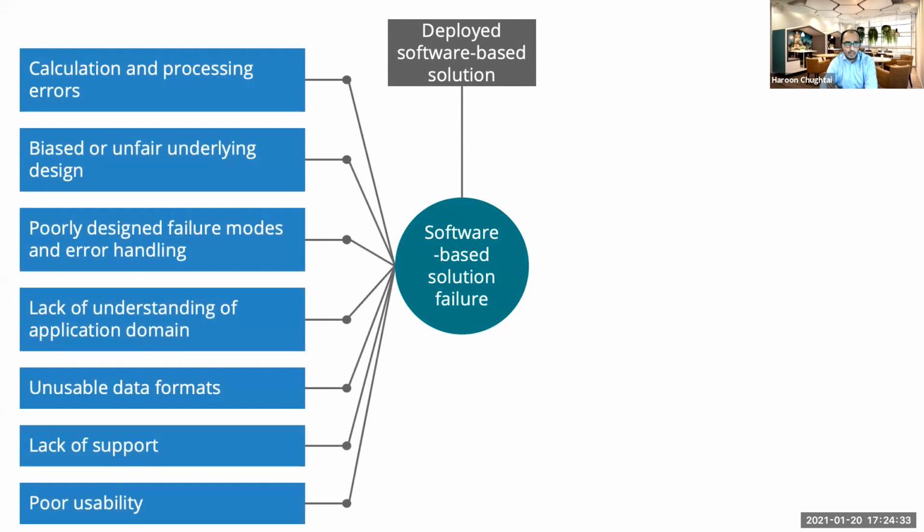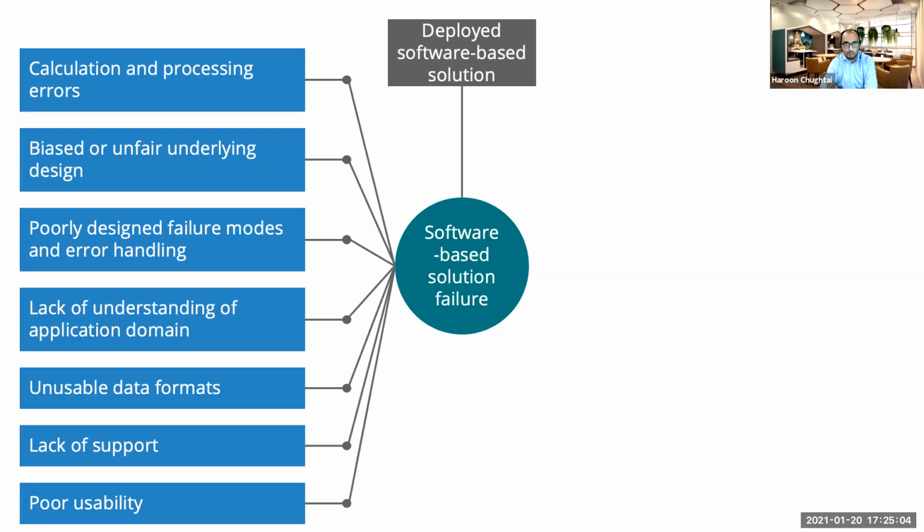So by failure, I mean anything from calculation errors and processing errors. Maybe your software has an error in a formula it's using and is therefore giving the wrong output. Maybe your software is data-driven and is trying to do some sort of machine learning to classify something. Maybe its underlying data is unfair or biased, so you're getting consistently unrepresentative results. Maybe it has poorly designed failure modes and error handling.